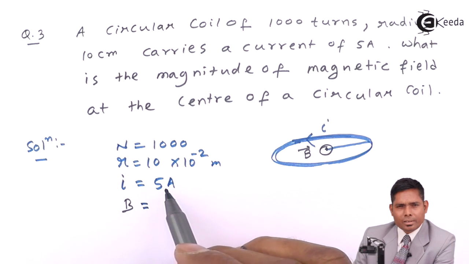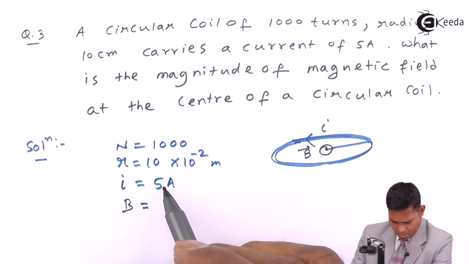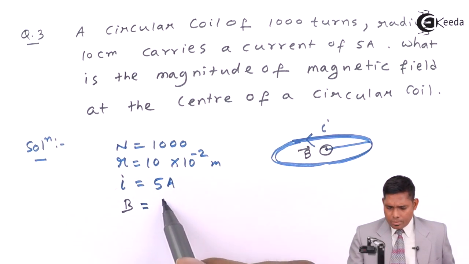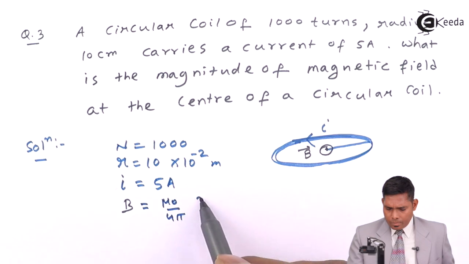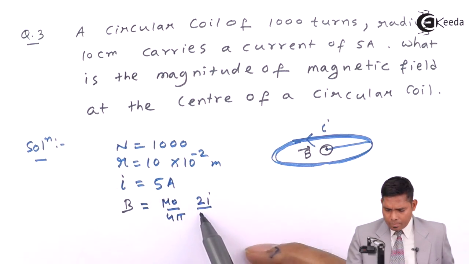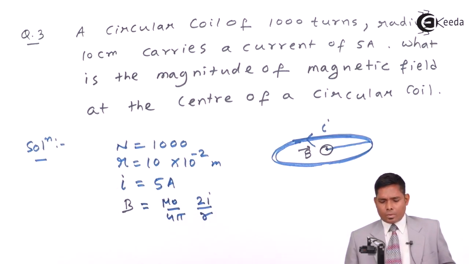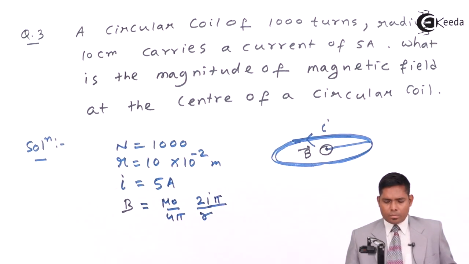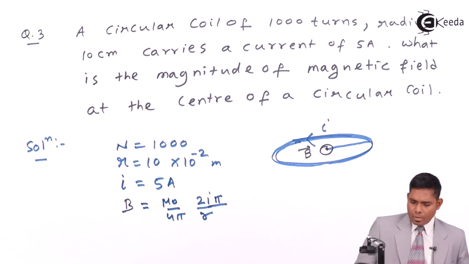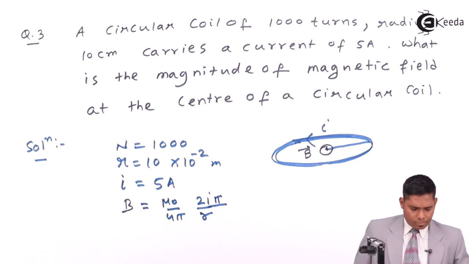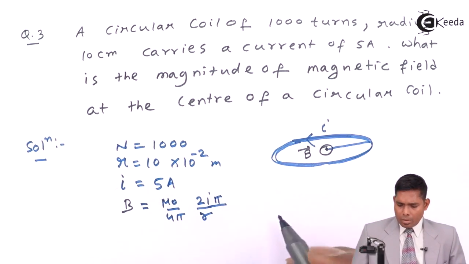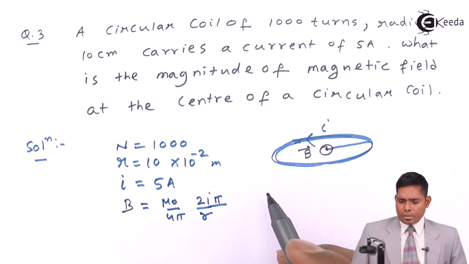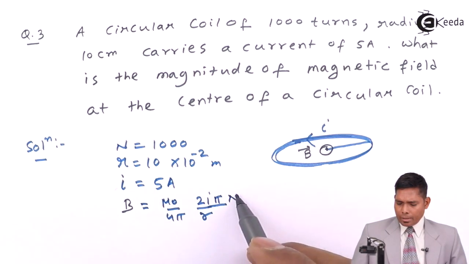You know that at the center of the circular coil, the magnetic field is mu 0 by 4 pi, 2 pi I by R. If this is for one turn, if you have n number of turns, multiply by n.